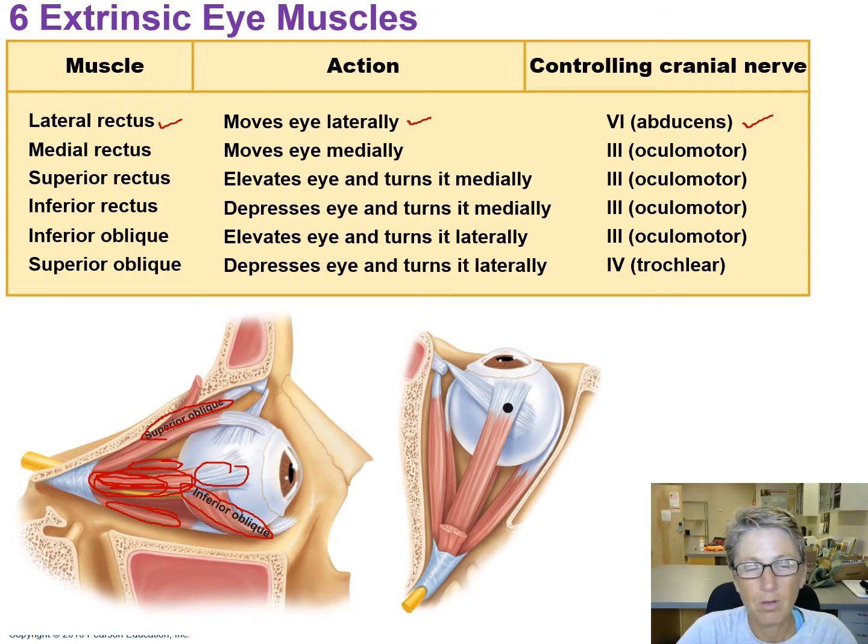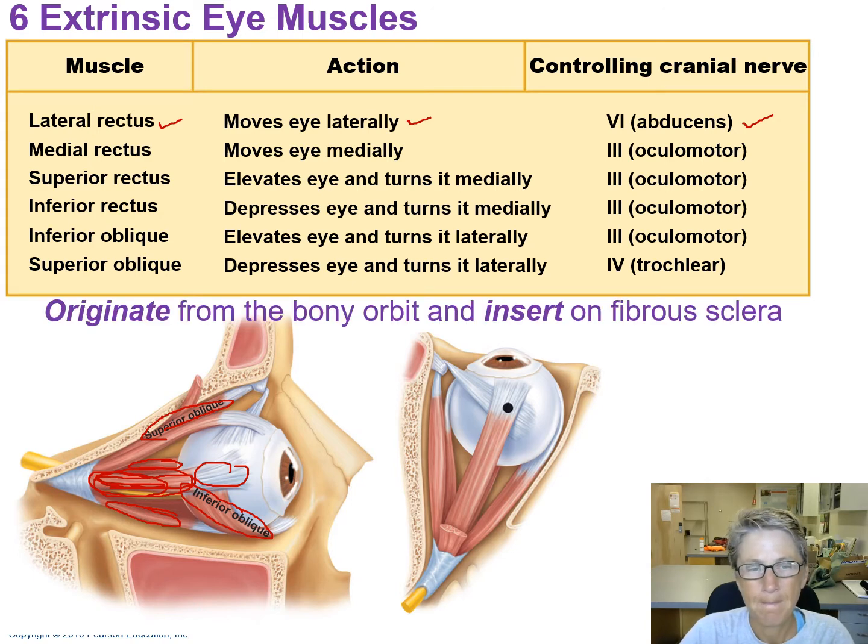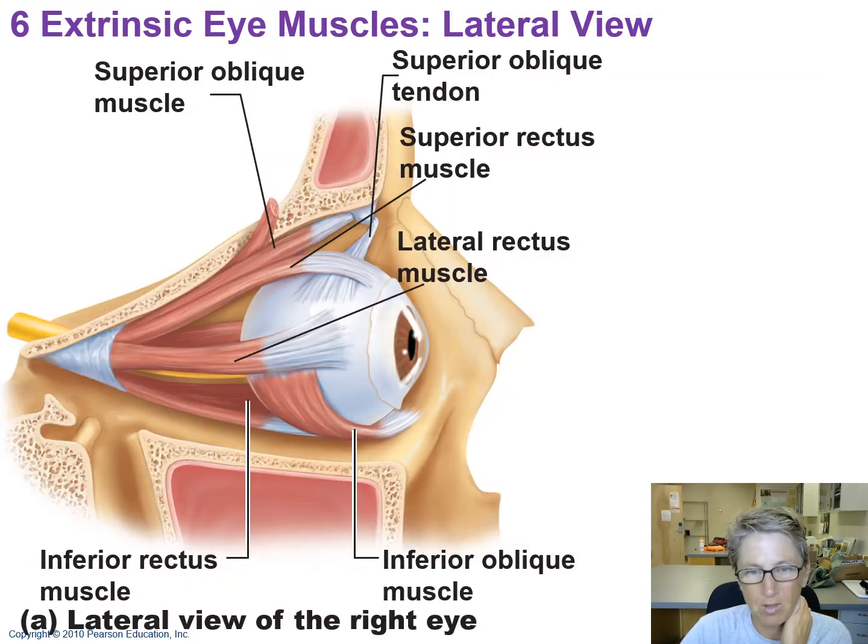So if this is the right eyeball. All 6 extrinsic eye muscles originate from the bony orbit. So here's the bony orbit, and then they insert on the sclera, the fibrous sclera, or the whites of your eyes.